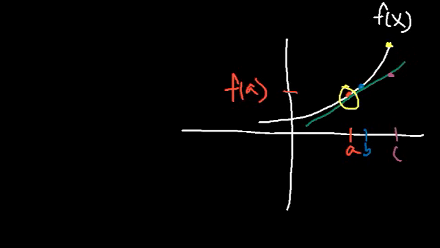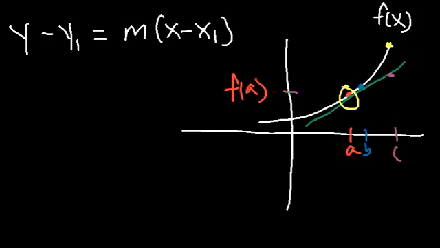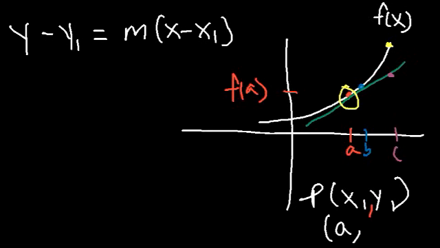Whenever you want to find the equation of a tangent line, you can use the point-slope formula: y minus y1 is equal to the slope times x minus x1. So the point is x1, y1. x1 is basically a, and y1 is the y value at that x value.